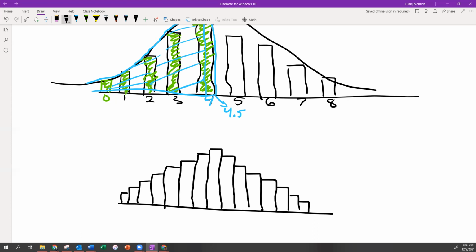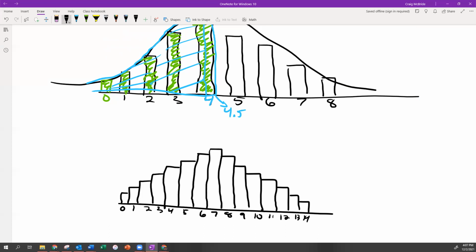All right, so let's say this is our new binomial distribution. Again, each bar is always centered on the number.